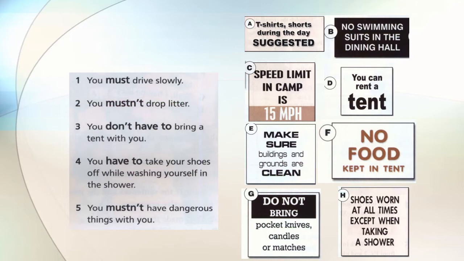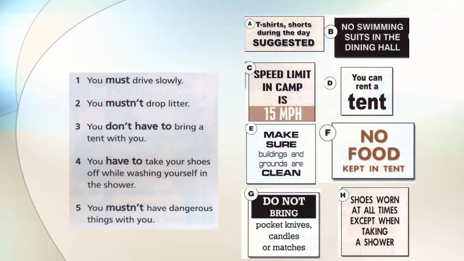No swimming suits in the dining hall. Speed limit in camp is 50 mph. You can rent a tent. Make sure buildings and grounds are clean. No food kept in tent. Do not bring pocket knives, candles or matches. Shoes worn at all times except when taking a shower. Okay.